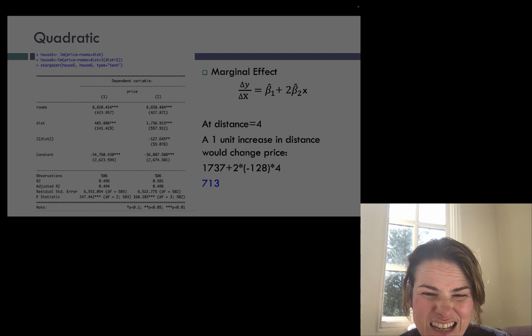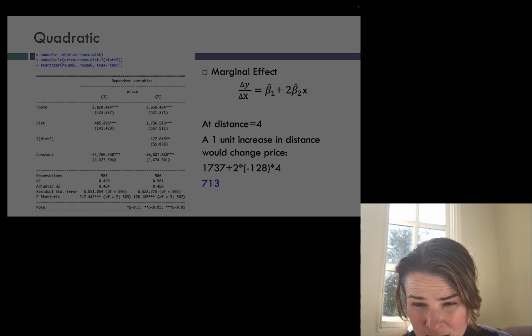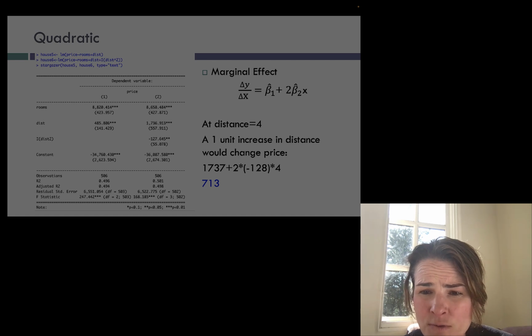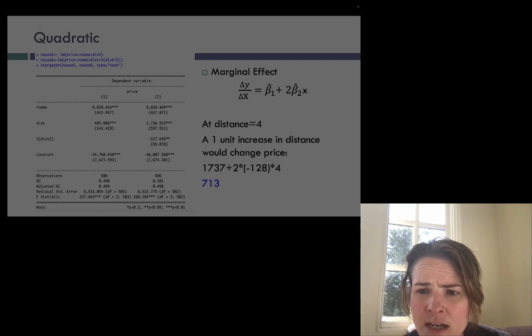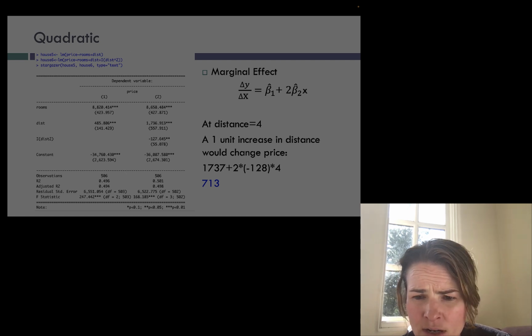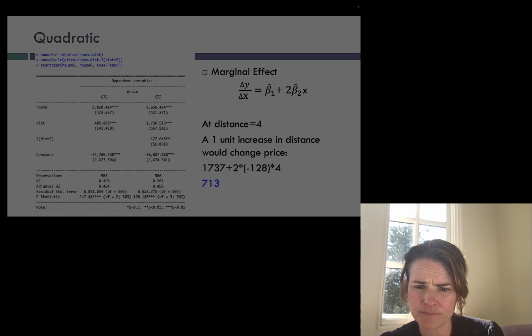So it's an index variable. I'm not sure exactly what it means, but a 1 unit increase in distance would change the price according to this formula. You would take beta 1, 1737-ish, plus 2 times that beta 2, which is negative 128, the coefficient on the distance squared. And we're at distance 4, so we need that x.